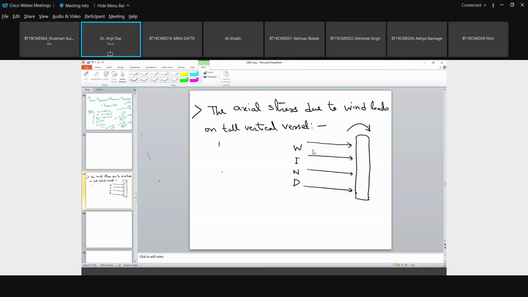Now, the wind load on the vessel, you write down, is given by this equation.